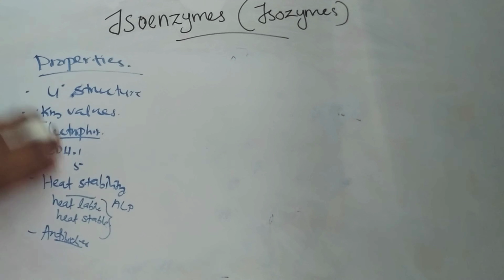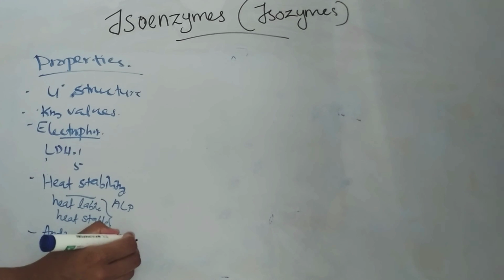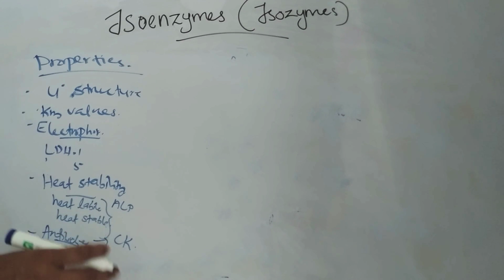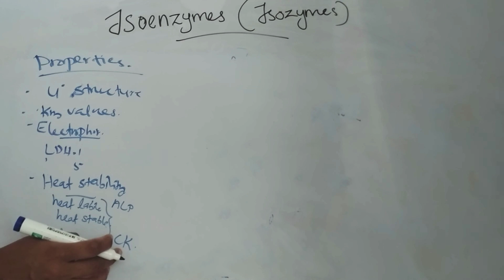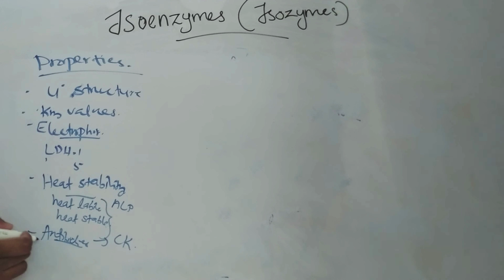For example, CK. For CK, each isoenzyme can be bound only by a specific antibody. So, these are the properties or characteristics of isoenzymes. So, this is about isoenzymes or isozymes. This is today's topic. Thank you for watching.